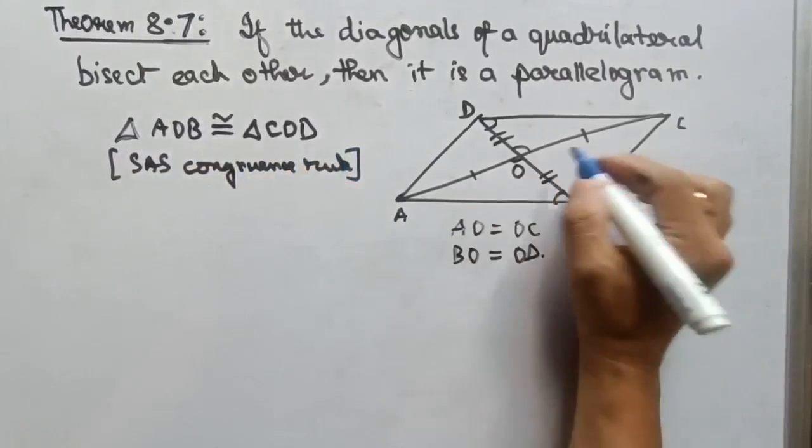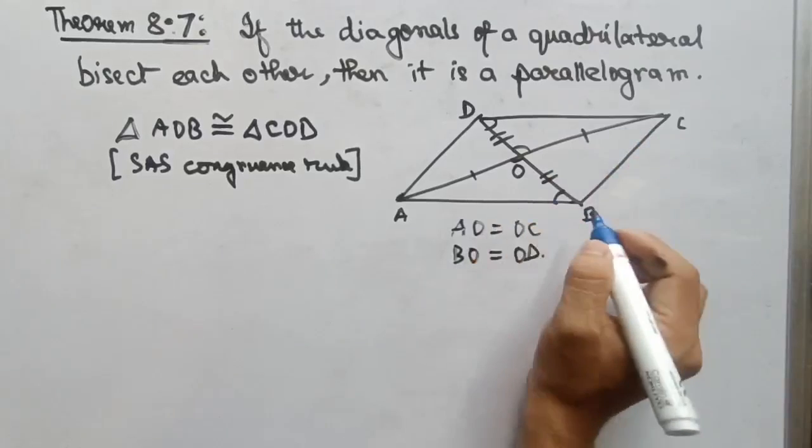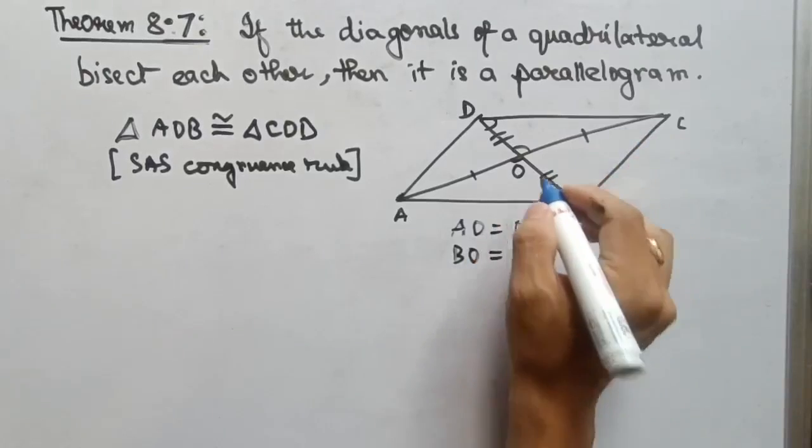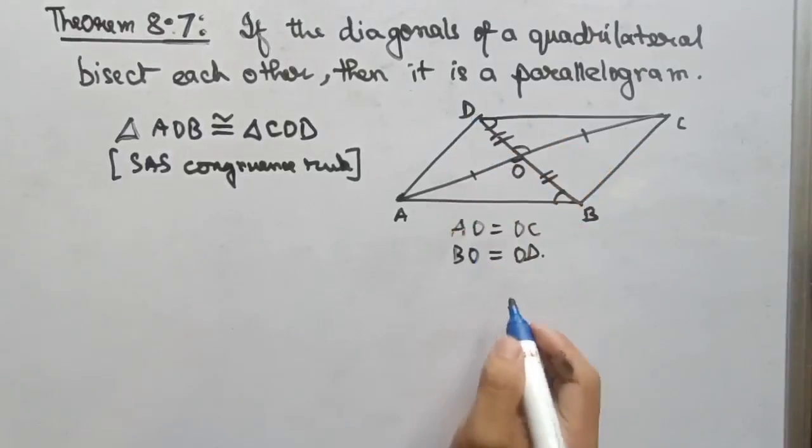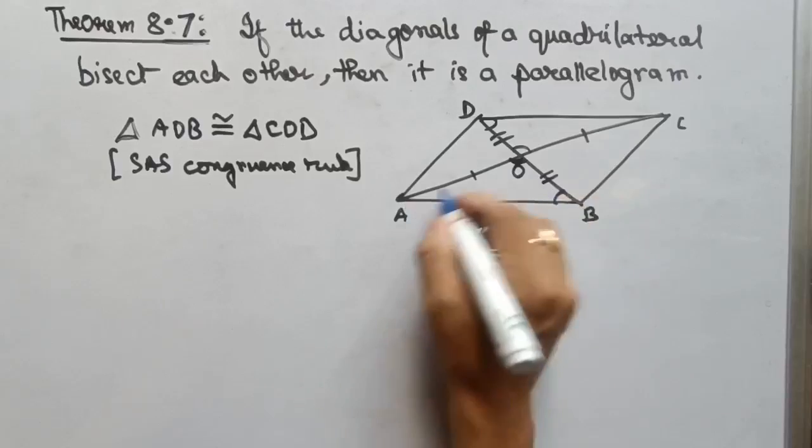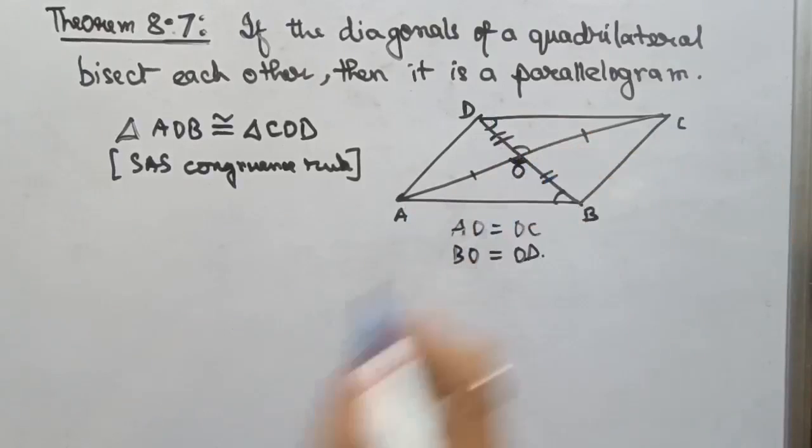Side AO is equal to OC, it is given, and side OB is equal to side OD, this is also given, and angles AOB and COD are equal to each other because they are vertically opposite angles. So by the SAS congruence rule, these two triangles are congruent.